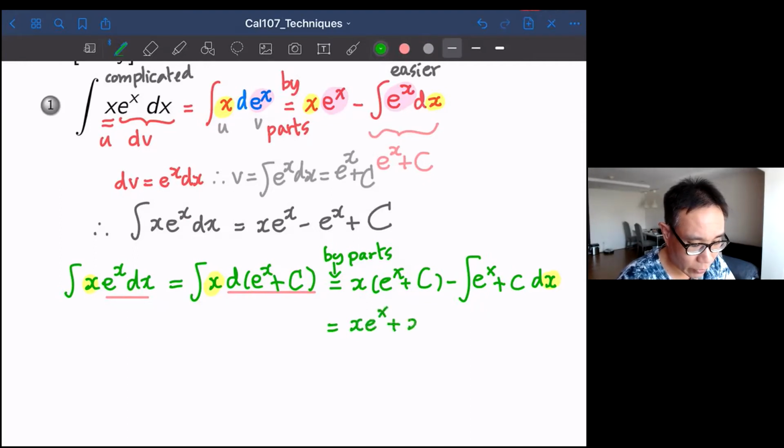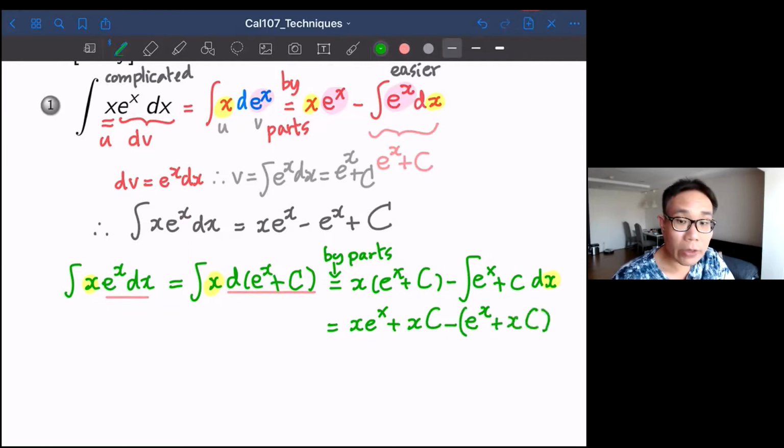So it's going to be x times c, not x plus c, minus the integral of e to the x, which is e to the x, and integrating c, you get cx or xc.